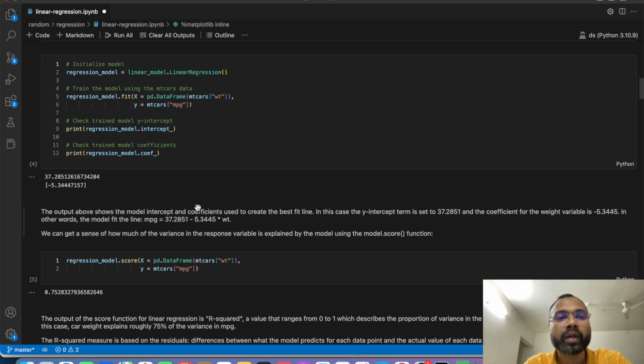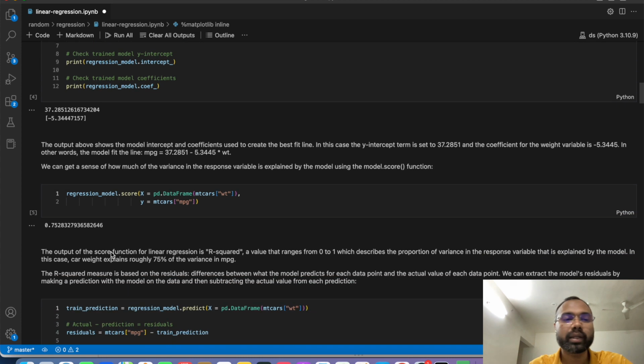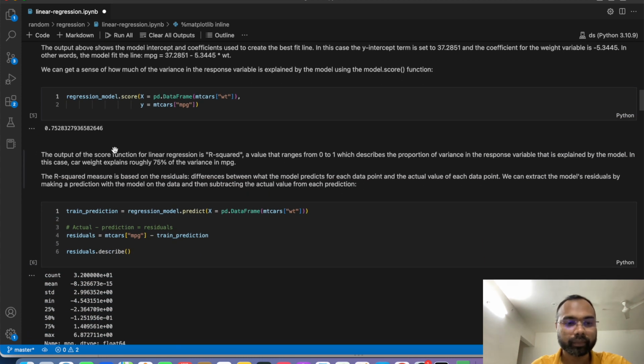Based on that, it does multiple iterations and minimizes the cost function, like I had explained, calculating the RMSE and so on. So based on that, whatever value we are getting is this much.